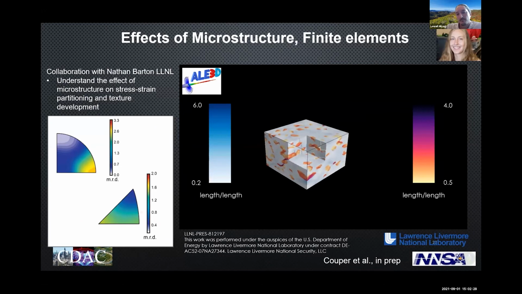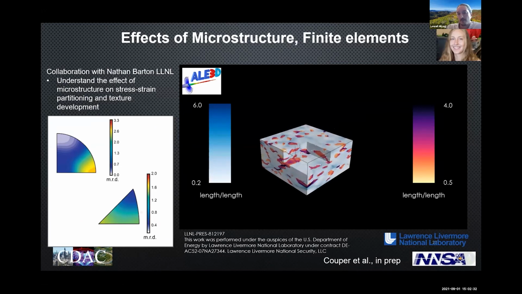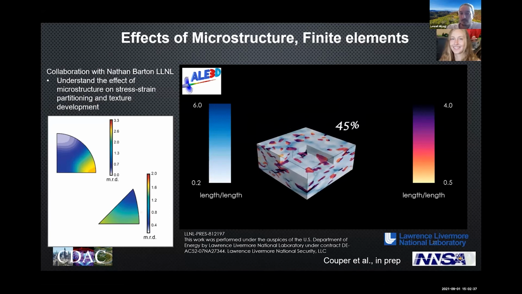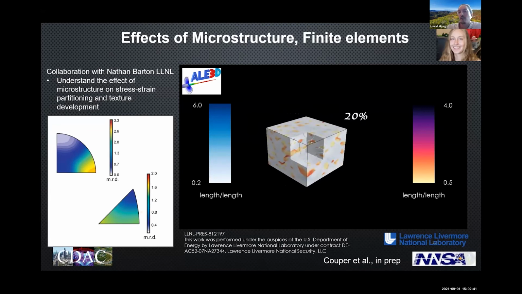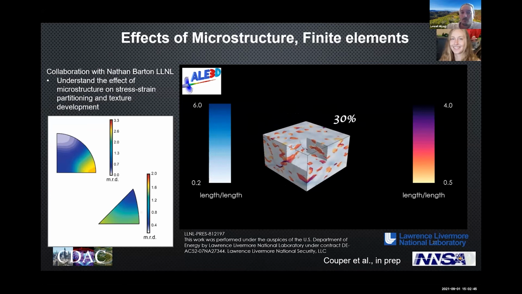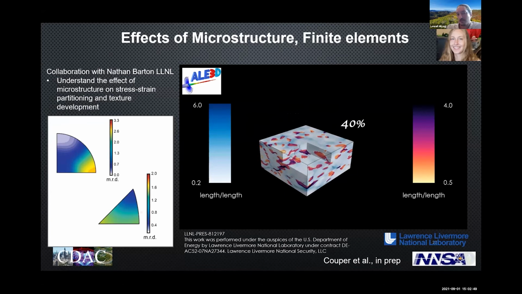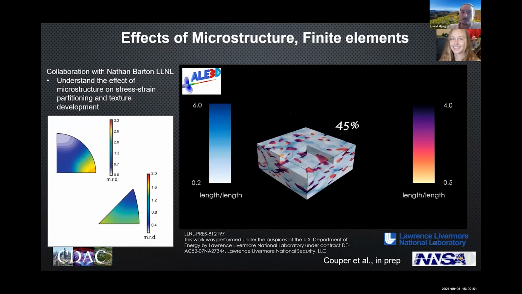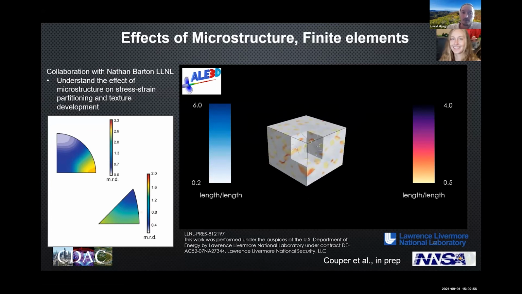Now, it turns out doing finite element simulations with low symmetry phases like bridgemanite, which is orthorhombic, you tend to run into problems because the high plastic anisotropy causes your finite element meshes to tangle, and then you can't solve your computation. So the approach we used here is this ALE 3D, which stands for arbitrary Lagrangian Eulerian 3D finite element, which was pioneered by Nathan Barton at Lawrence Livermore National Lab.